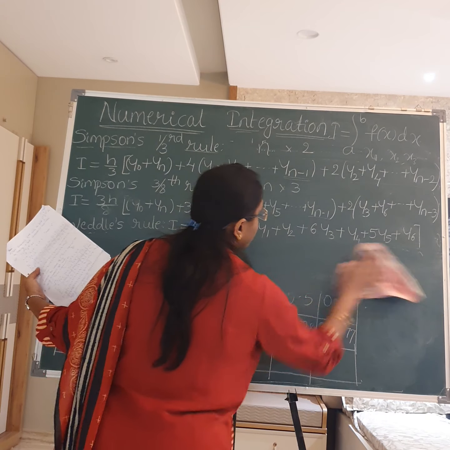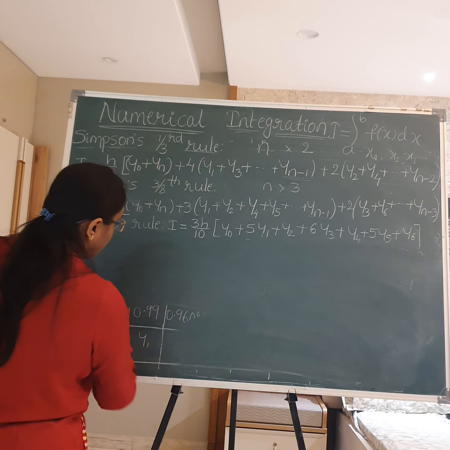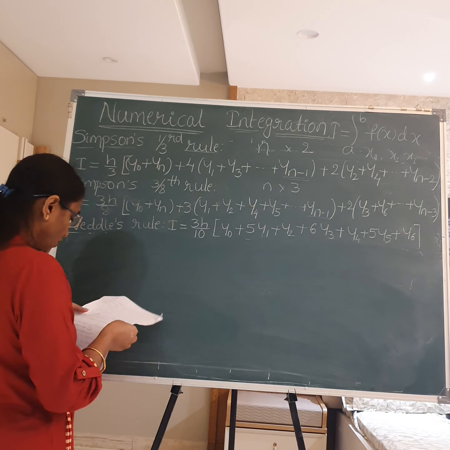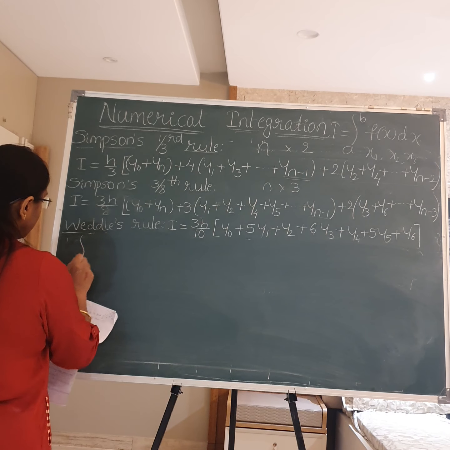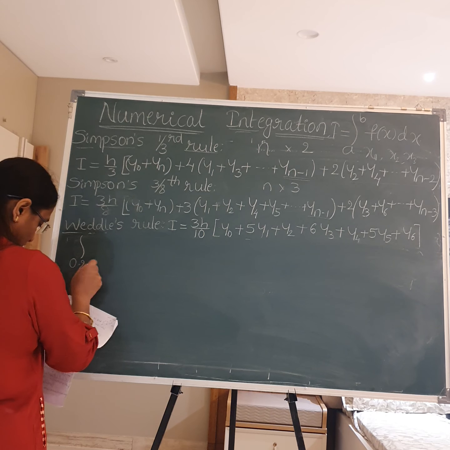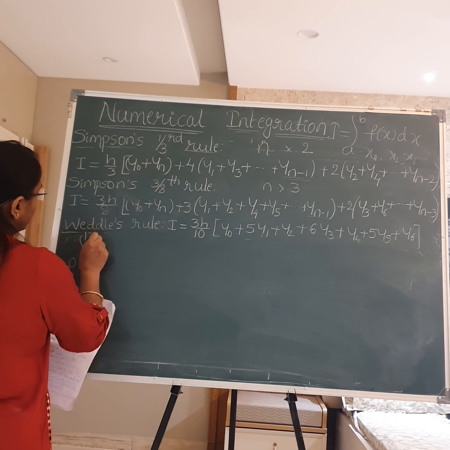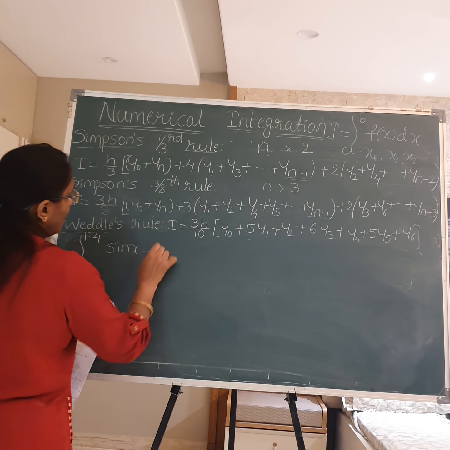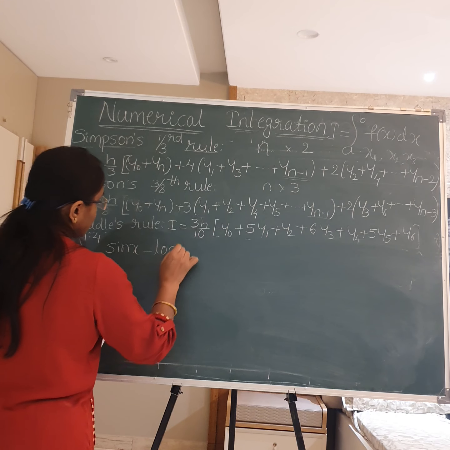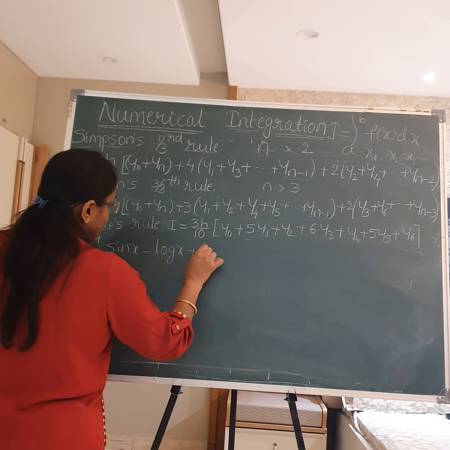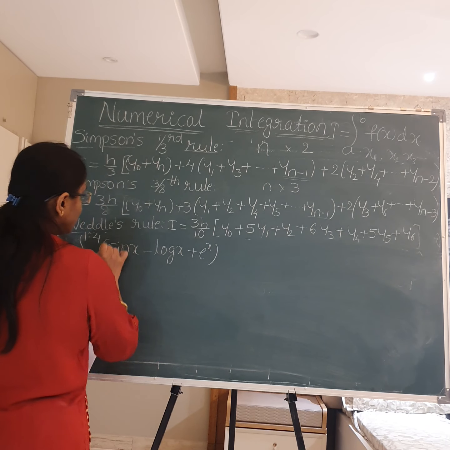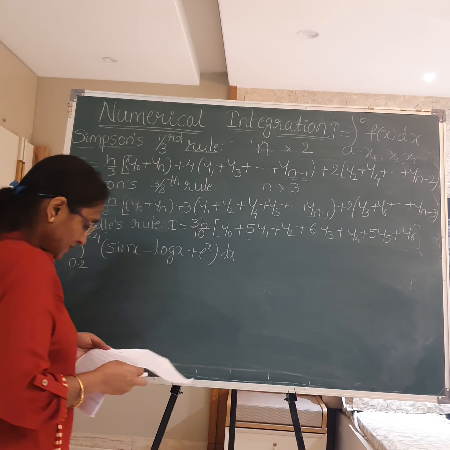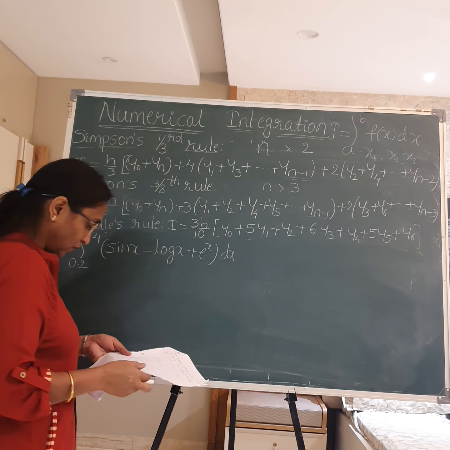Compute the value of the integration from 0.2 to 1.4 of sin x minus log x plus e raised to x dx, using Simpson's 3/8 rule.